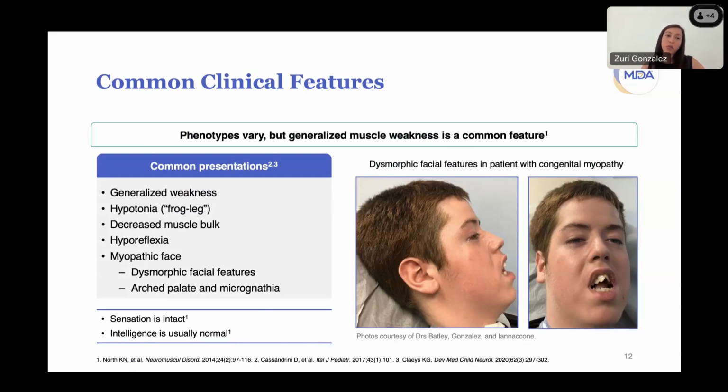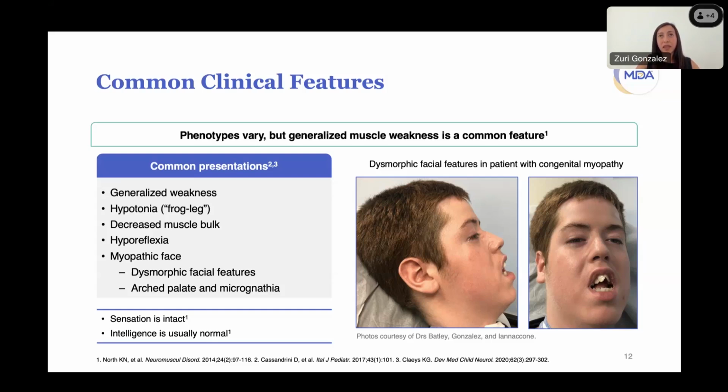They can also present with hypotonia, and we can see this at birth and in infants with this frog leg position. We can also see decreased muscle bulk. We can see low reflexes, and we can also notice these myopathic faces that we can actually see on the picture of the patient on the right.